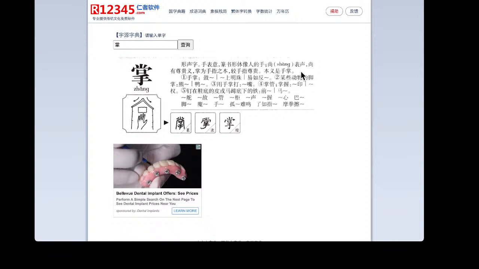Obviously, hands are critically important for a person, so they use this 尚, which means very honorable and respectable, to build this character for palm, referring to the importance of a person's hands. So this is 掌.